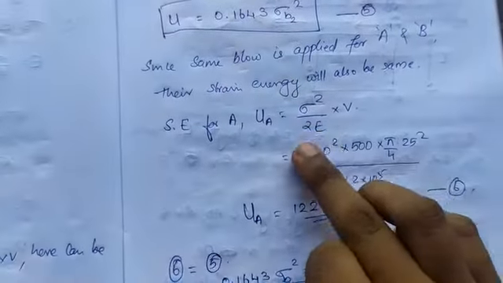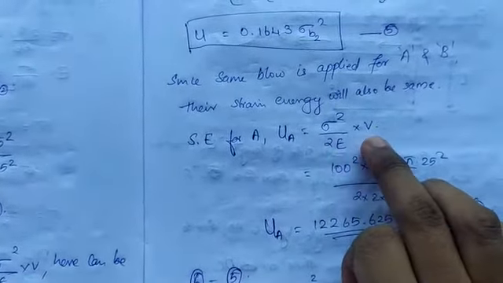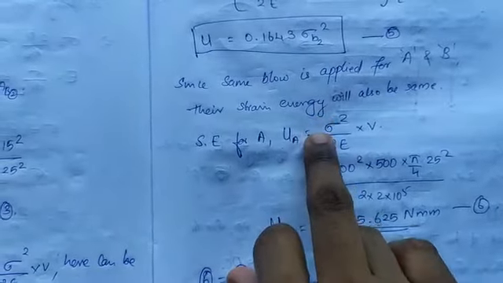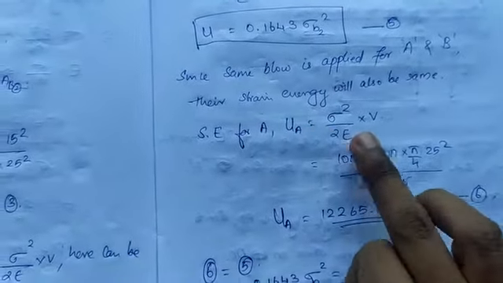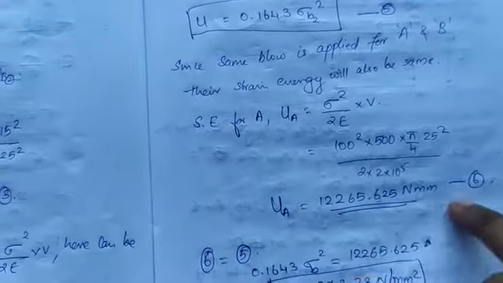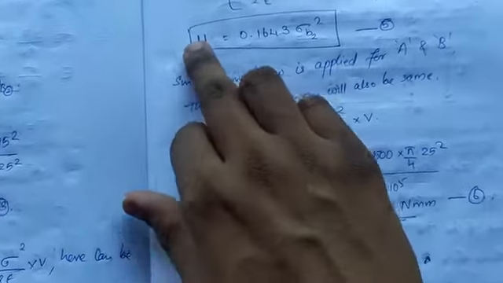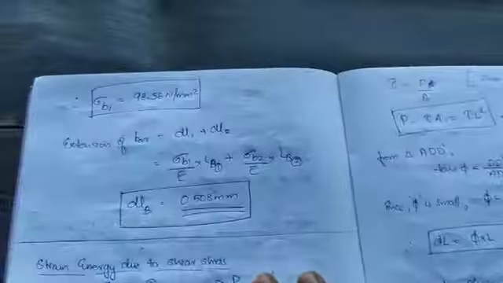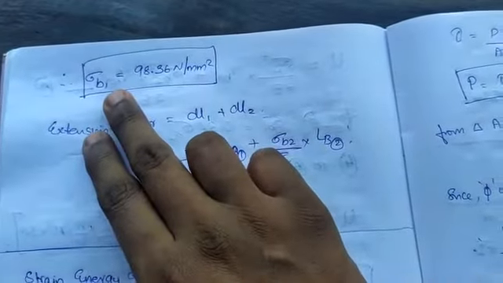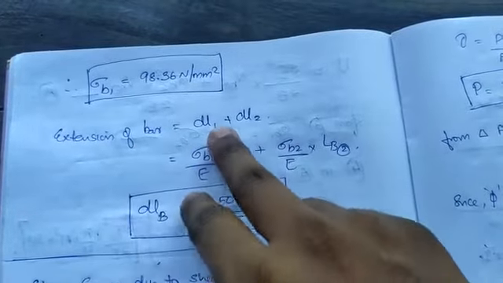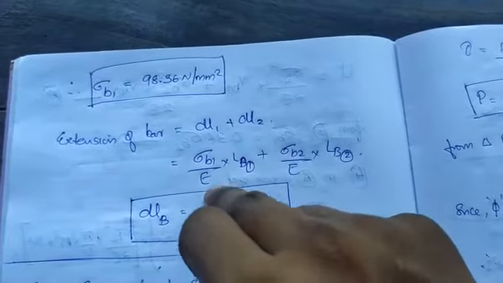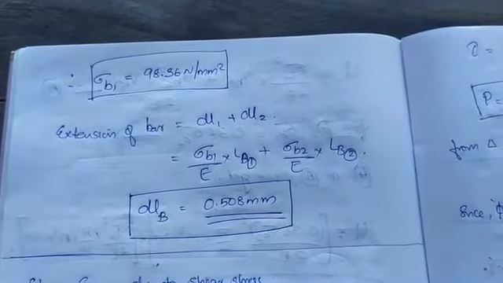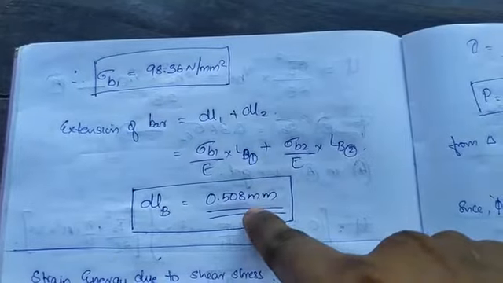Strain energy is sigma square by 2E into V, and for A you know sigma, V and E, so you get this strain energy. This is equated here, and from there you get the value of sigma B2, and then sigma B1. The extension of the bar is dL1 plus dL2, that is sigma B1 by E into LB1 plus sigma B2 by E into LB2, so dLB is equal to 0.508 mm.